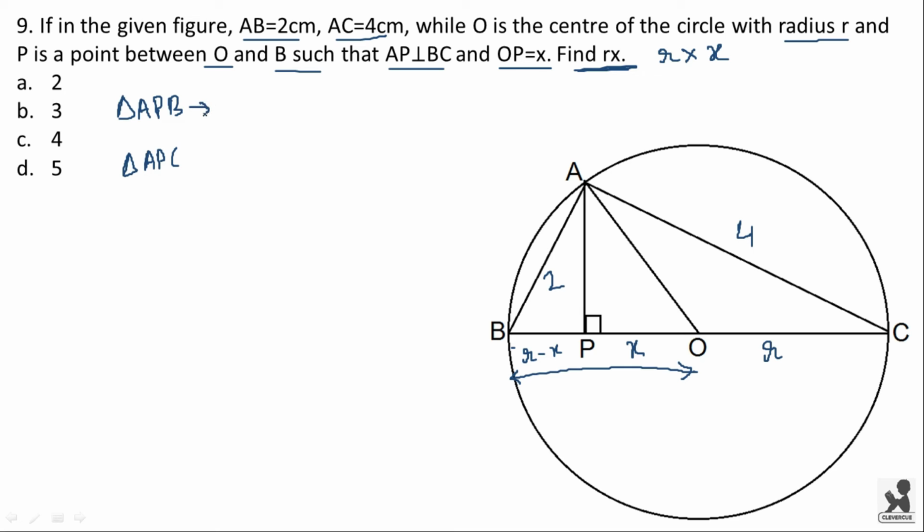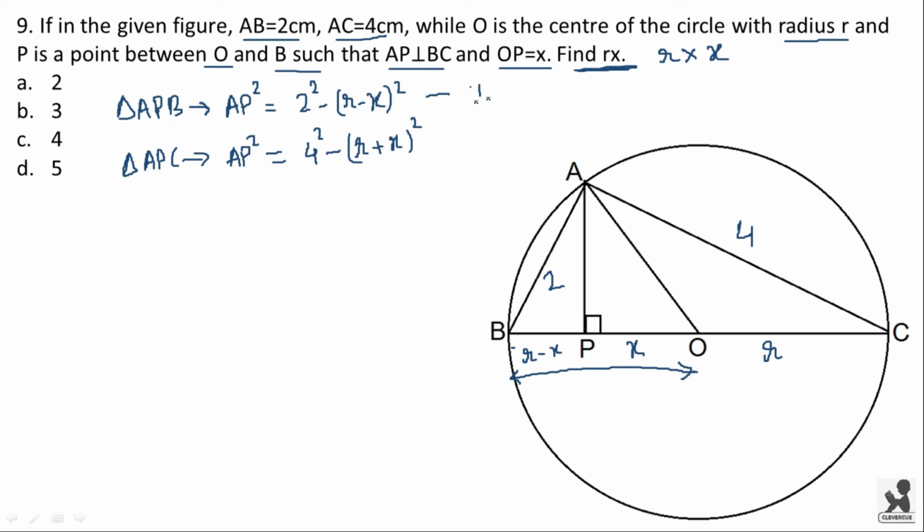So in triangle APB, we have AP square equal to 2 square minus (R minus X) whole square. Similarly, in triangle APC, we have AP square is equal to 4 square minus (X plus R), or (R plus X), whole square.